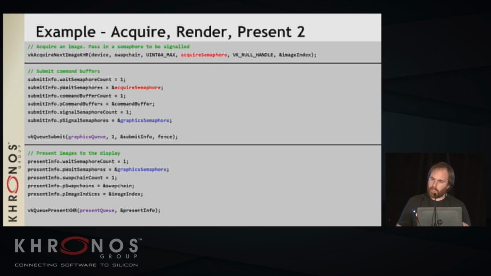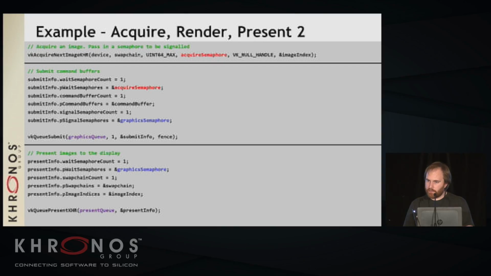So then when you submit your command buffers with that render pass that I talked about a minute ago, you add this acquire semaphore into your submit so that that submit will wait for that image to be acquired before trying to do anything. And then you'll signal at the end, so you add another semaphore to that batch that will be signaled once that graphics work's complete. Again, there's no CPU interaction here. This is all pipelined. You'll submit that work, and then after that, you will submit a present.